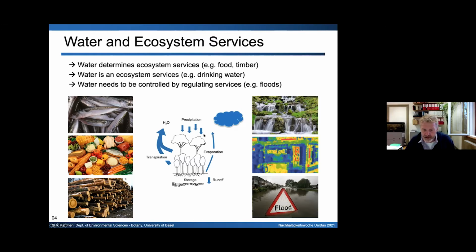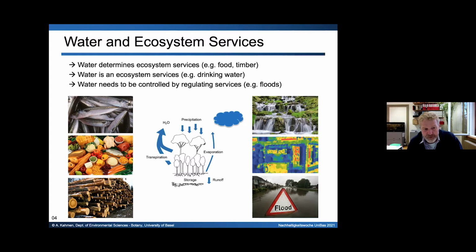Water determines the energy fluxes in terrestrial ecosystems. You can see an aerial infrared image of a section of the city of Basel here. And you can see there are roads and rooftops that are red and green, so relatively hot compared to vegetation here that consumes water and that locally cools the environment.